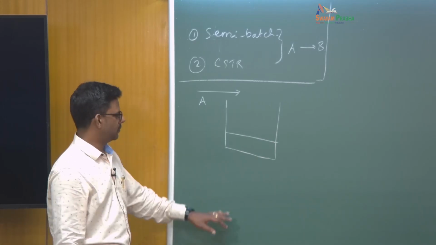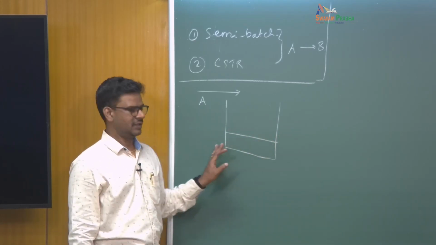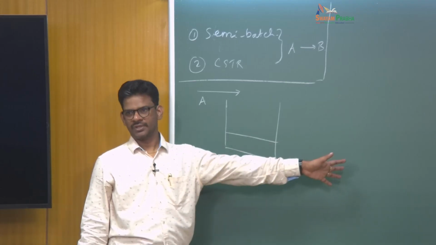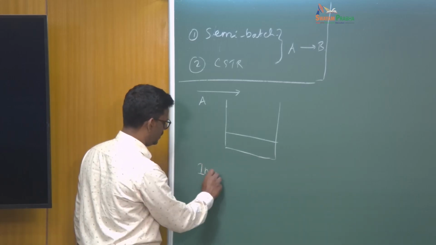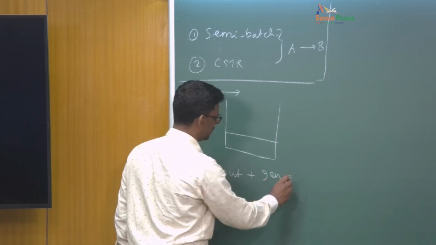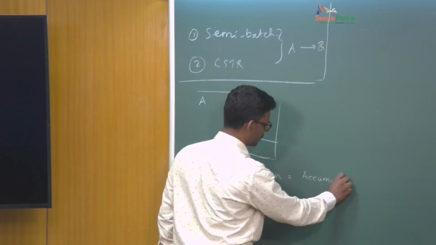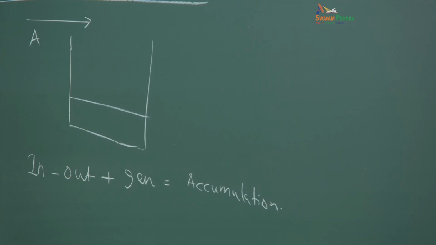What we do in such a problem is write a mass balance. We write what is coming in, what is leaving out, how much is generated, and that should be equal to accumulation. So in minus out plus generated must be equal to accumulation. We write what is called a mass balance or a mole balance.